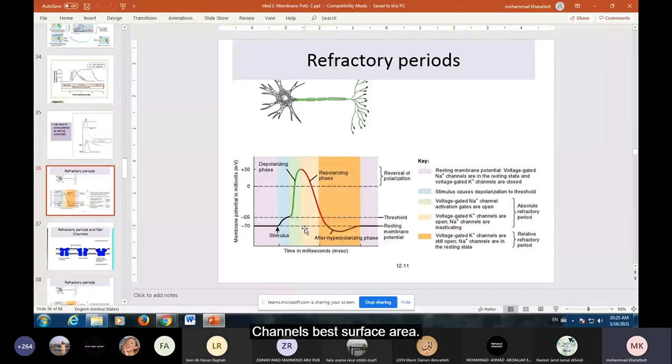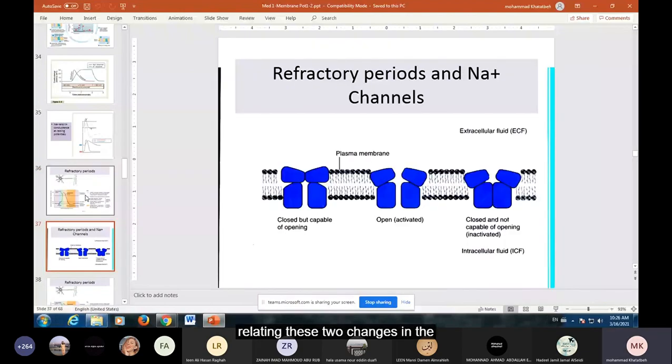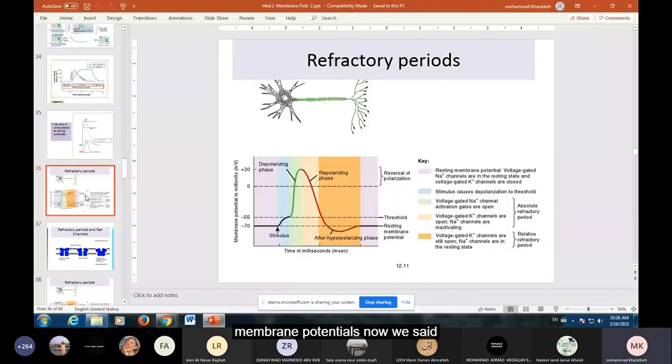Concentration of channels per surface area. If you have a very high number, for example, of voltage-gated sodium channels per surface area, and they are in a specific state, we will talk about these states and relate them to changes in the membrane potentials.